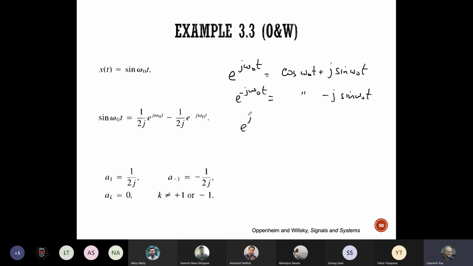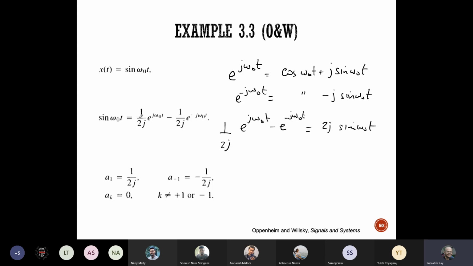So when I subtract them, the cosines cancel out and the sine terms add, so it becomes 2j sine omega naught t. When I divide by 2j, I get sine omega naught t.